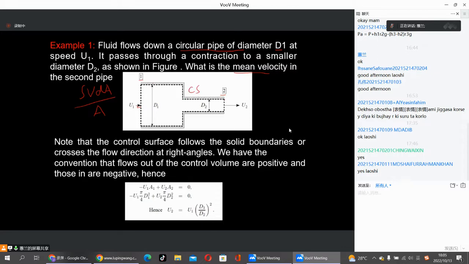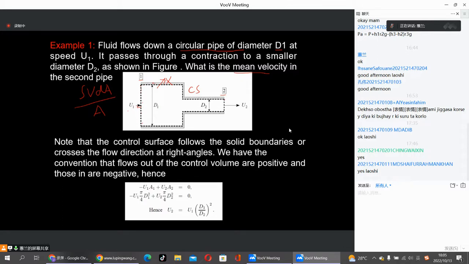So the control volume should be a closed shape, okay? So the control surface will be section 1 plus its boundary plus section 2 plus its boundary, because we know no flow can cross the solid boundary.